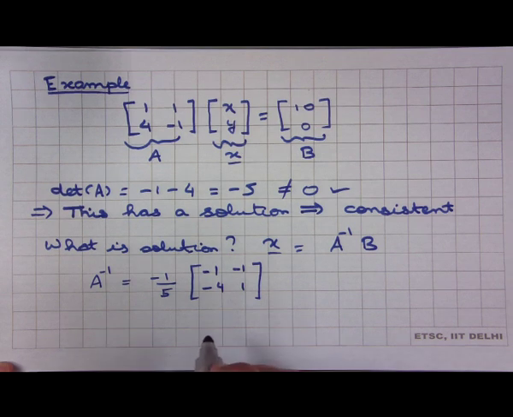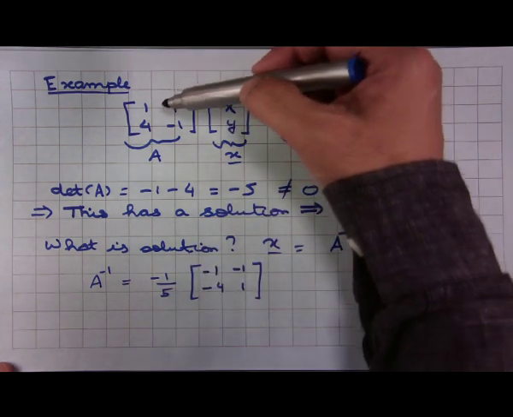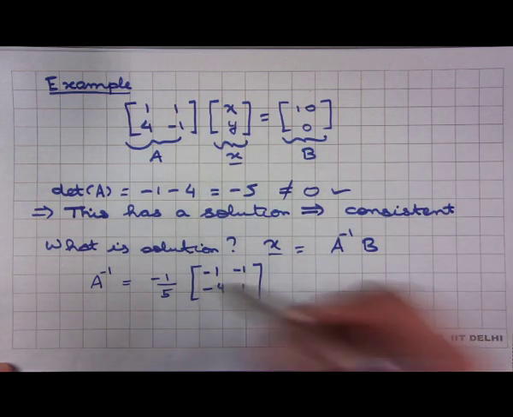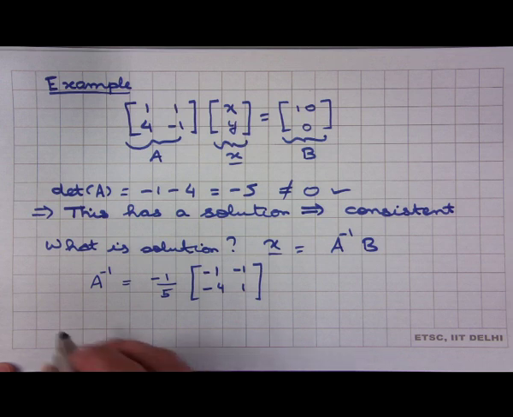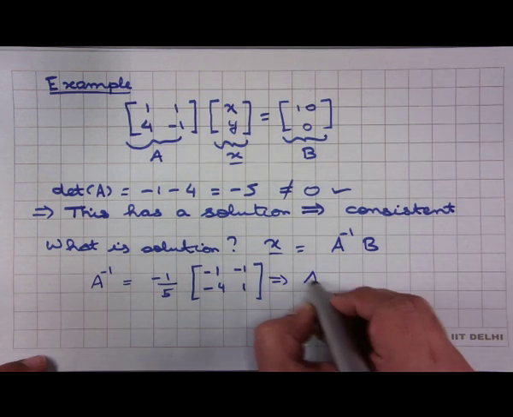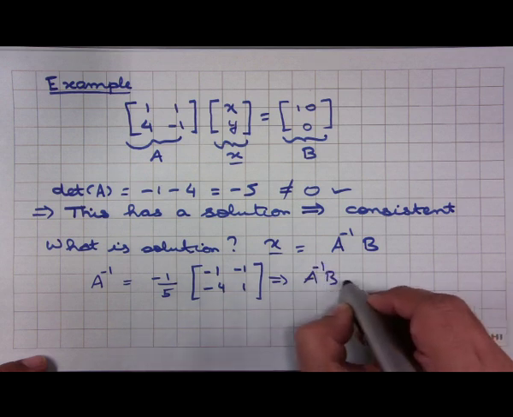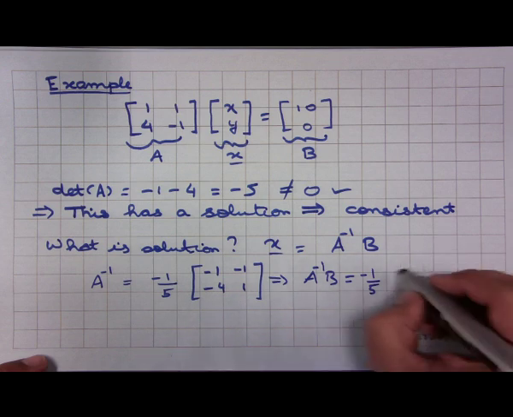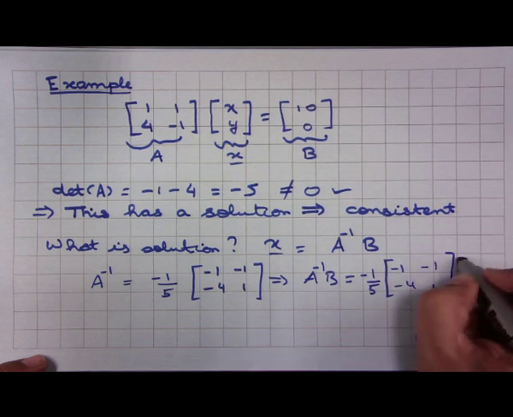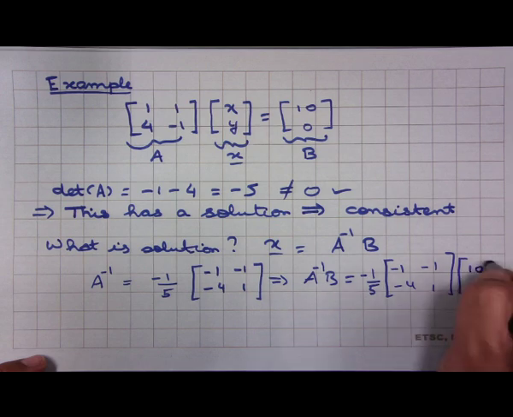So, I believe this is the inverse of the matrix. We can also check by multiplying this matrix with this, and it does turn out that it looks to be the identity, alright. So, this is the inverse, and so the solution, what is A inverse times B? This is minus 1 by 5. Let me just write down A inverse again, minus 1, minus 1, minus 4, 1, and then 10, 0.